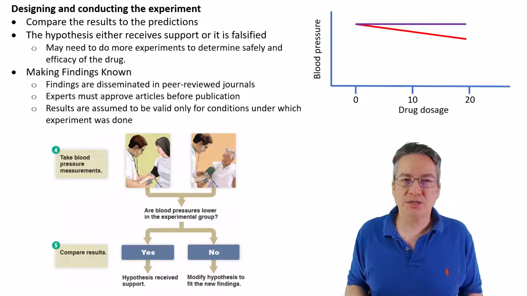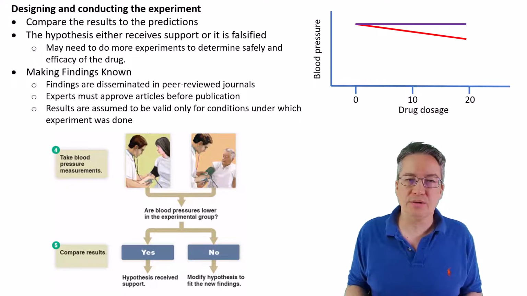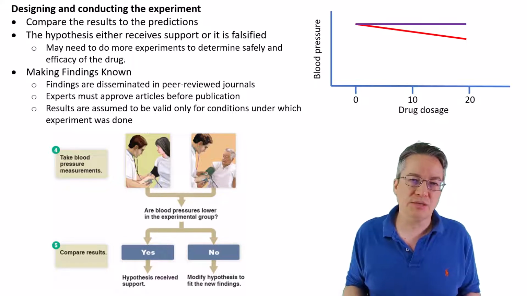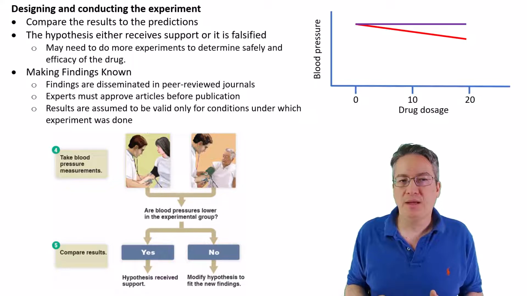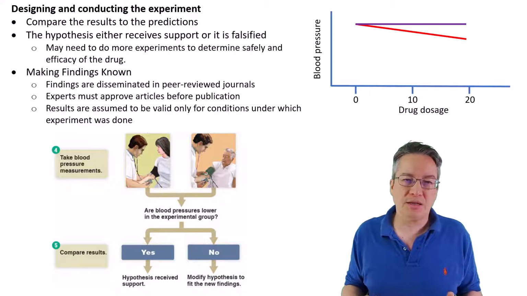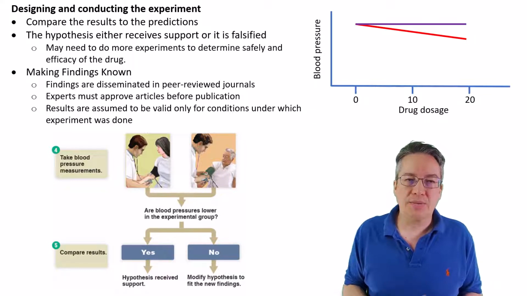They'll make suggestions on how the article can be improved in terms of clarity of the presentation. They actually may suggest new experiments that need to be done. They may even reject the paper and say that there are some methodological problems or something like that. But eventually, if everything was done correctly, then the paper would, after some modification, be ready for publication, and then disseminated through the journal.